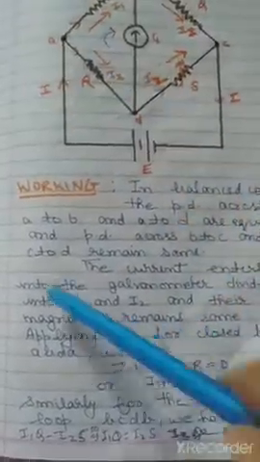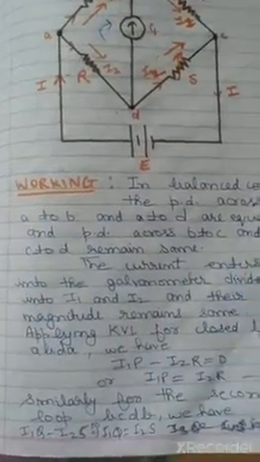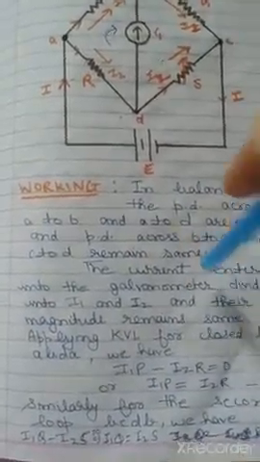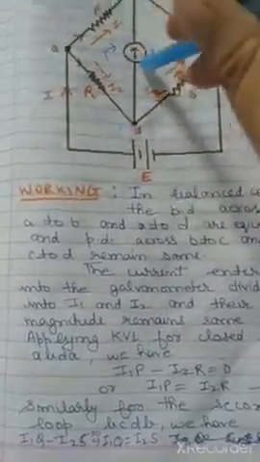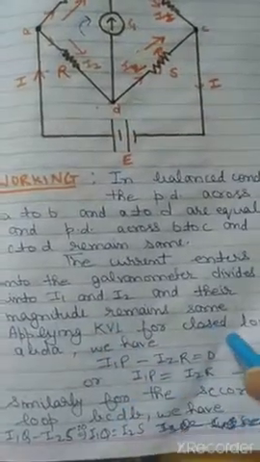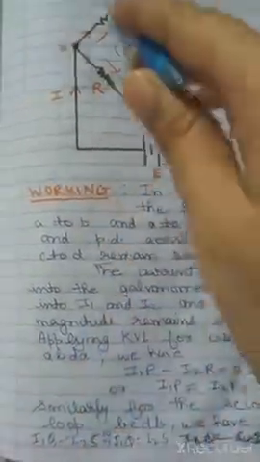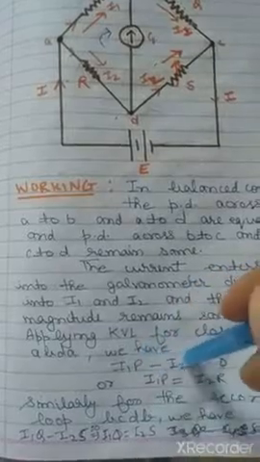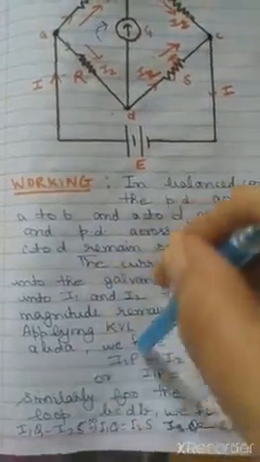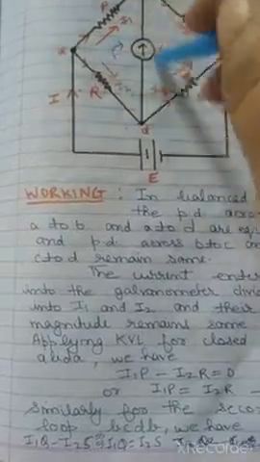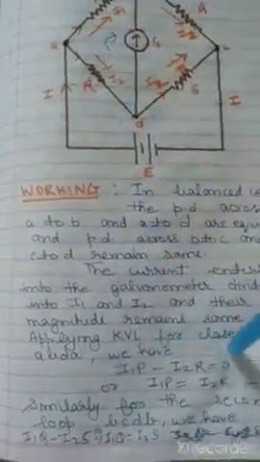So here you will add a line: the condition when the galvanometer shows no deflection means no current passes through the galvanometer. In that case, by applying KVL for the closed loop ABDA, we get I1P minus I2R equal to 0. This condition applies when no current passes through the galvanometer. So this line you can write in brackets here.